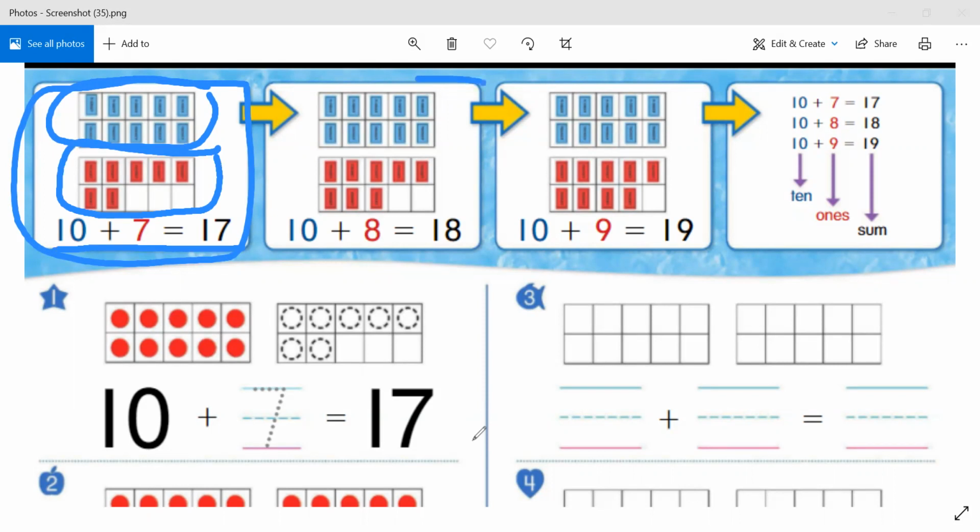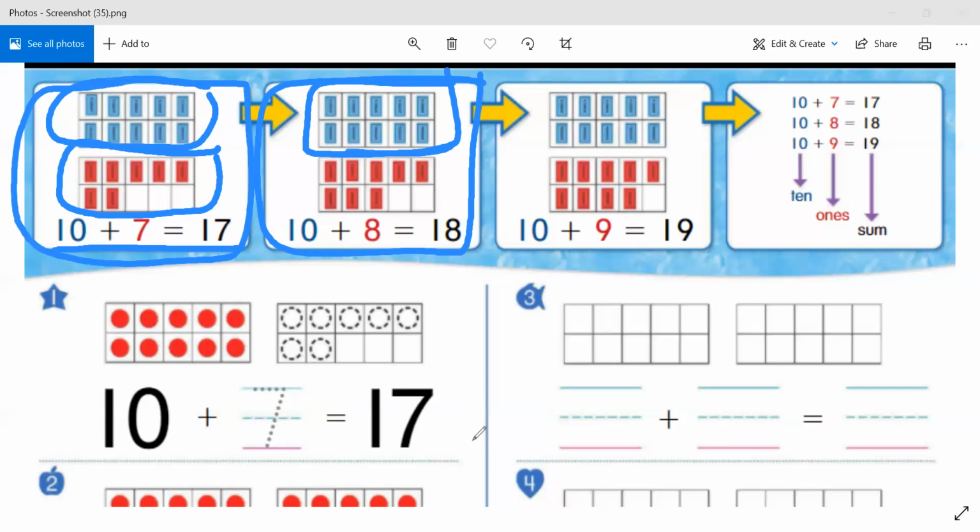All right, let's look over here now in our second box. So now Yasmin needs 18 tickets. She still has one set of 10 right here. How many more tickets does she need? Remember, she needs 18.